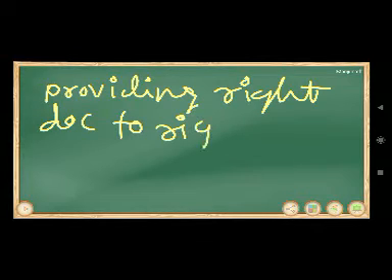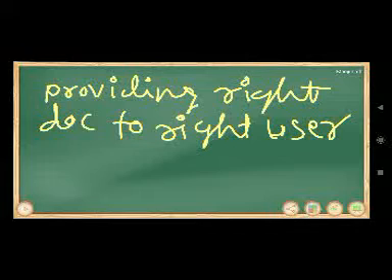Because in reference service you are not going to provide merely any document, but the right document to the users. That involves providing the accurate document, the information the user is searching for. So it satisfies one of the five laws of library and information science.